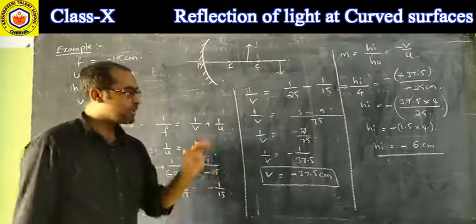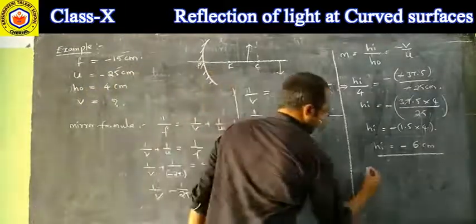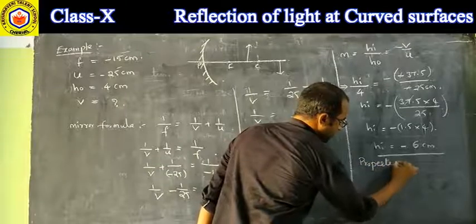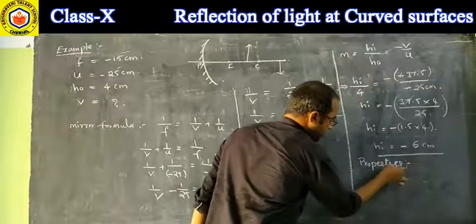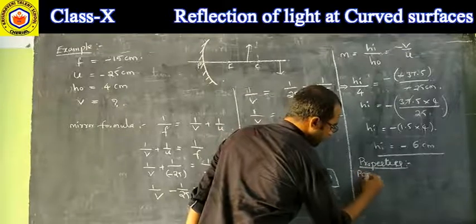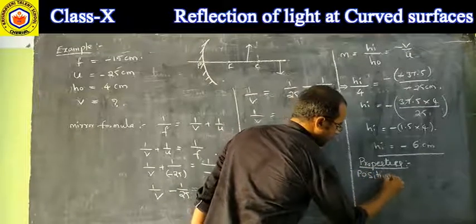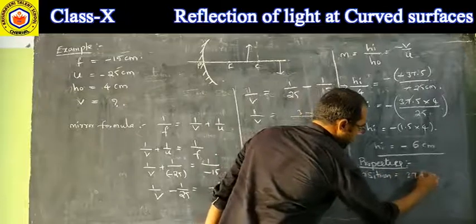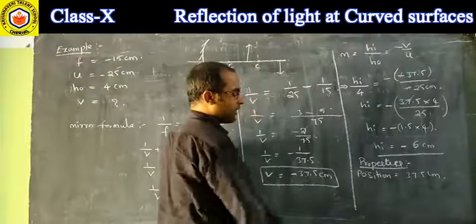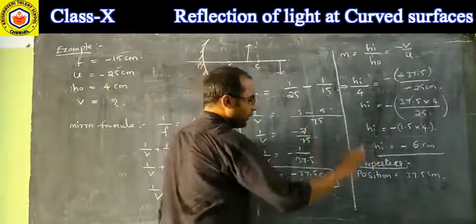So the properties of the image: position is at 37.5 centimeters in front of the mirror.